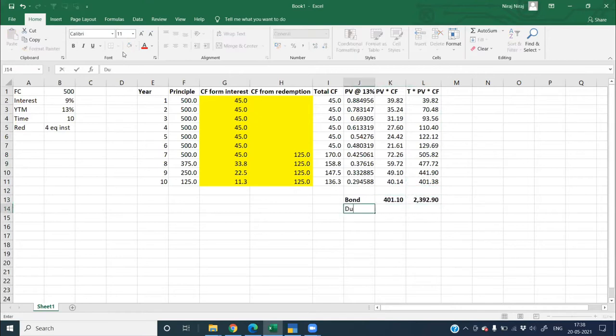So my duration shall be 2932 divided by 401, and my modified duration shall be duration divided by 1 plus R.